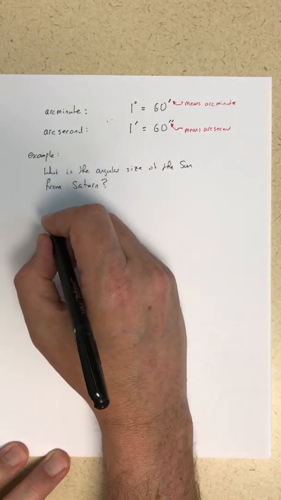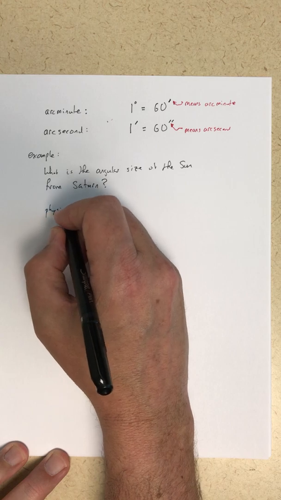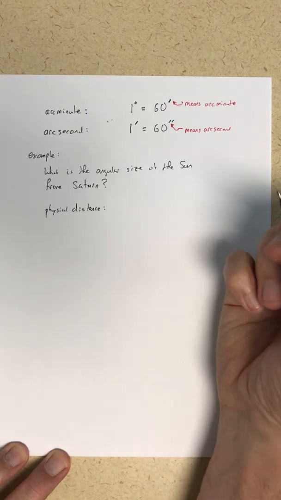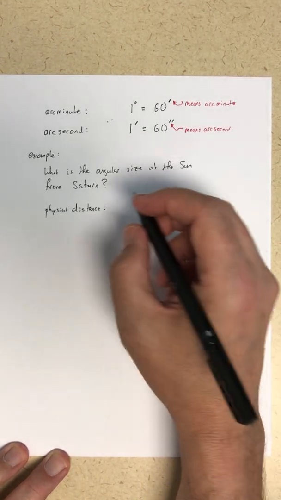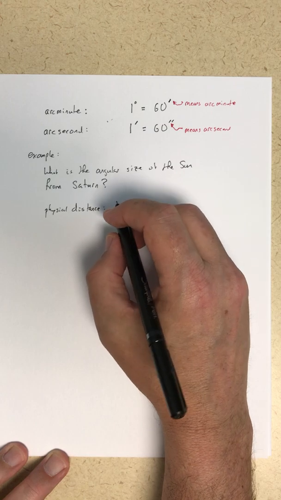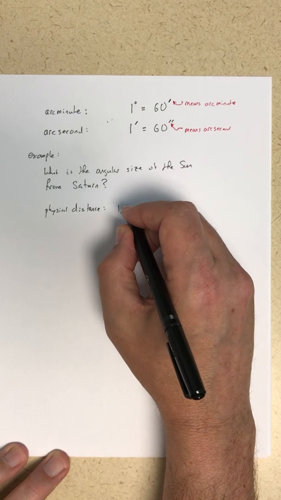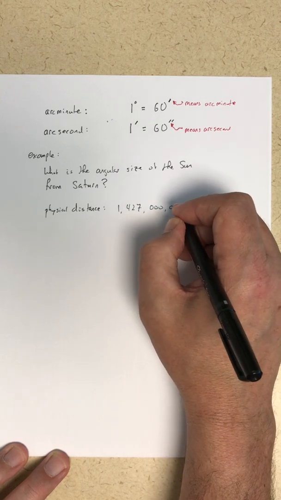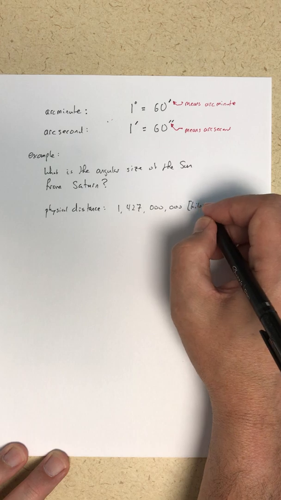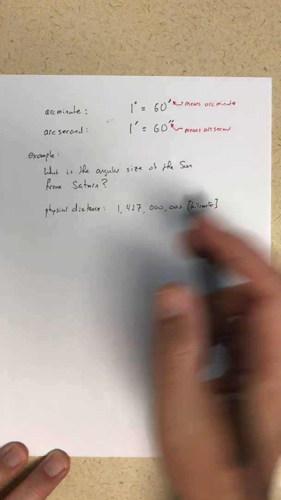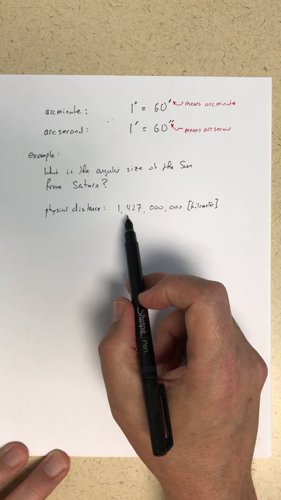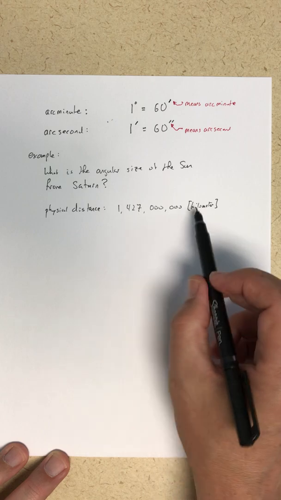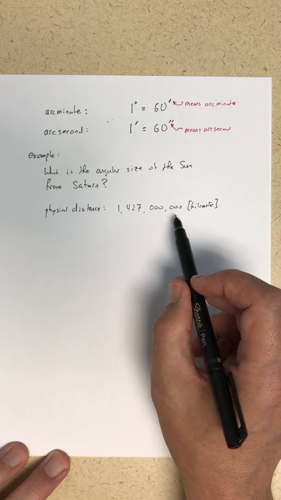The physical distance is the distance from the sun to Saturn, and we write that out in decimal form first. 1,427,000,000, and that is in kilometers. So 1,427,000,000 kilometers away.